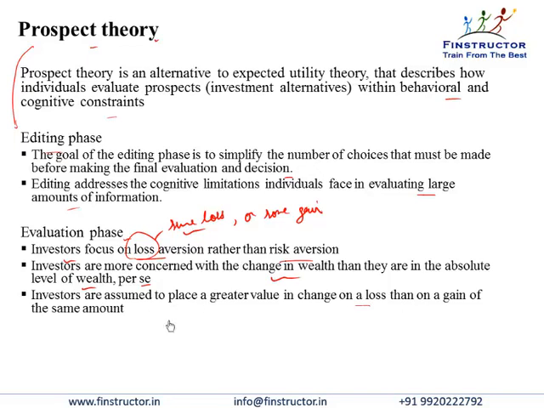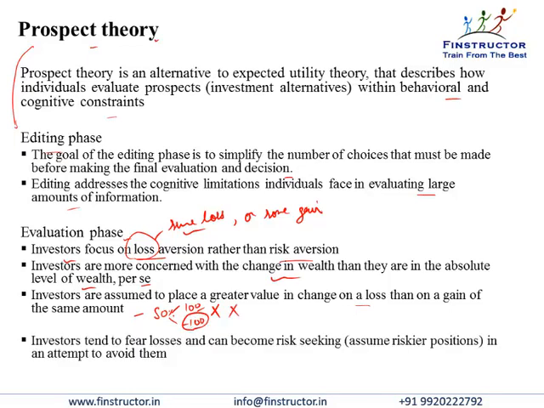That is, most investors would not take the gamble where there is a 50% chance of gaining $100 and 50% chance of losing $100. So the expected payoff is zero. The reason you do not take this gamble is because you place more value on the loss, or this loss is more destructive than the increase in wealth from the gain.